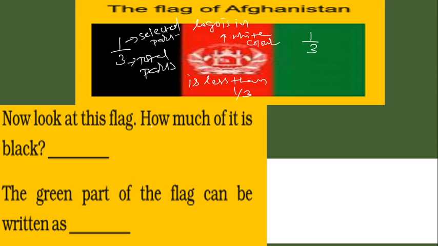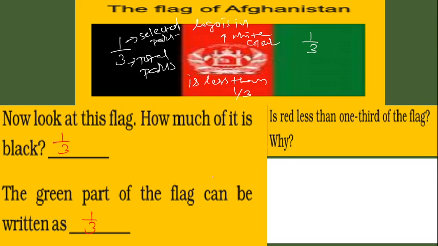Now look at the flag and how much of it is black. So you write here 1 by third. The green part of the flag can be written as 1 by third. Green and black are the same. Now, is red color less than one third of the flag?